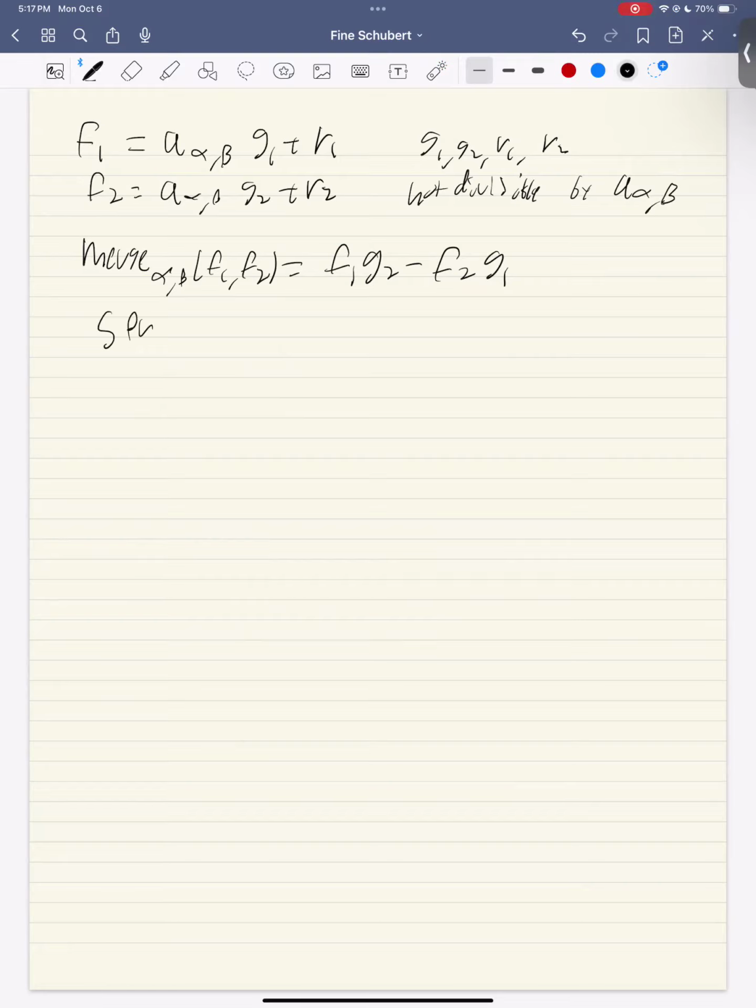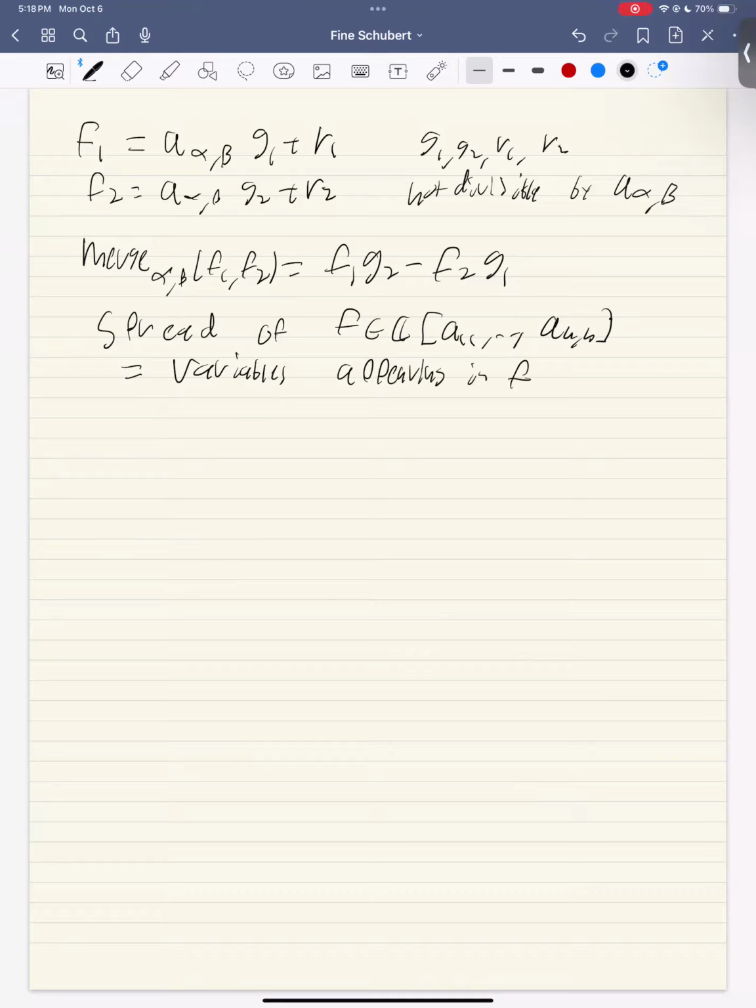So let me define the spread of some polynomial f in this polynomial ring, A11 through Ann, as just the variables appearing in f. I'll denote it the spread of f. You write out your polynomial in terms of the monomial basis, and then you ask which variables appear.